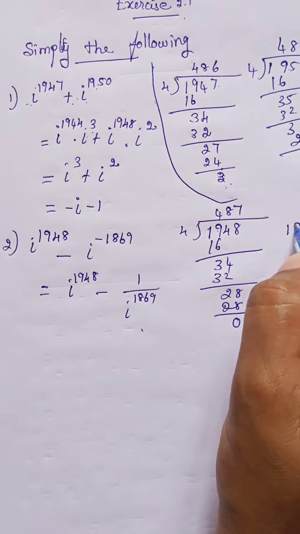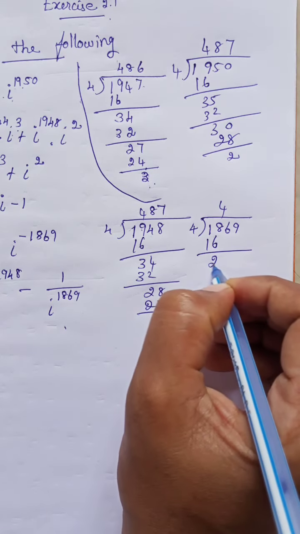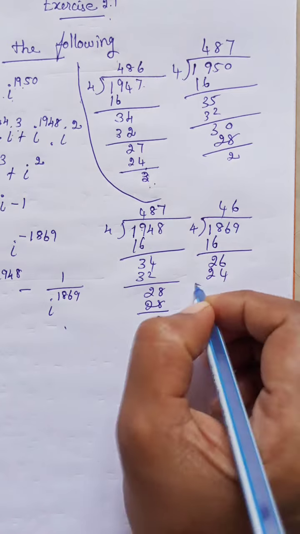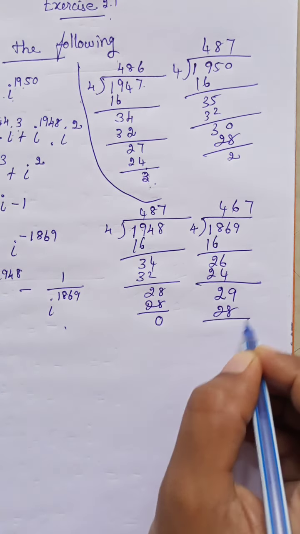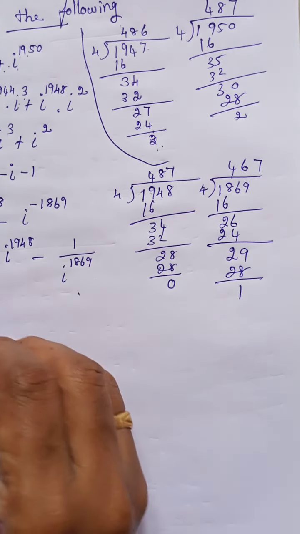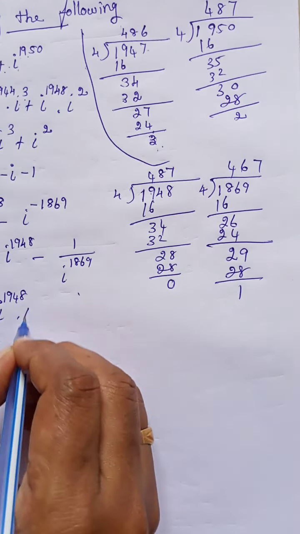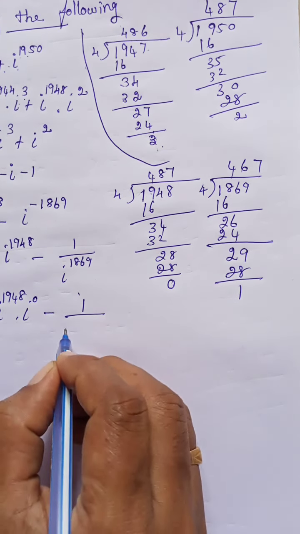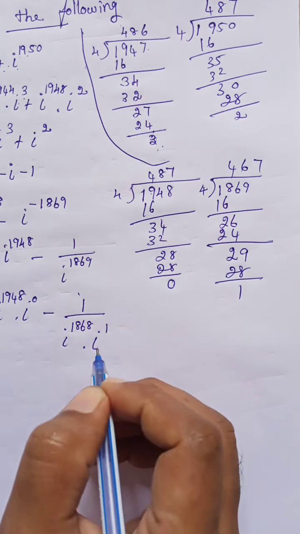Now 1869 divided by 4. 4 4s are 16, 2, then 26. 6 4s are 24, 2 balance, 29, 7 4s are 28. The remainder is 1. So when we write here, this is i power 1948 into i power 0 minus 1 by i power 1868 into i power 1.